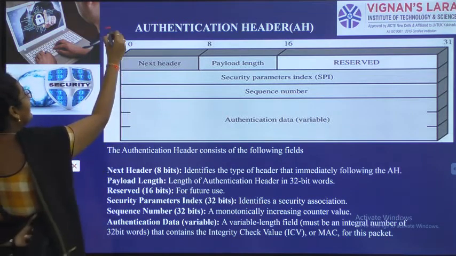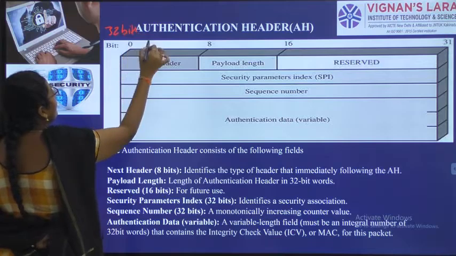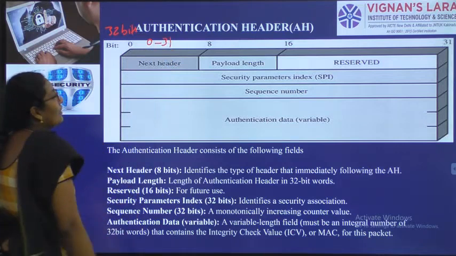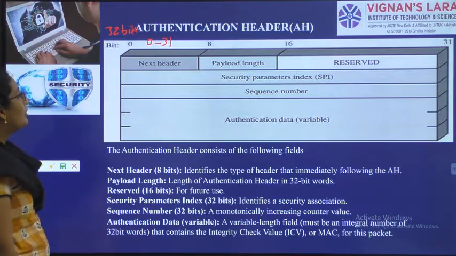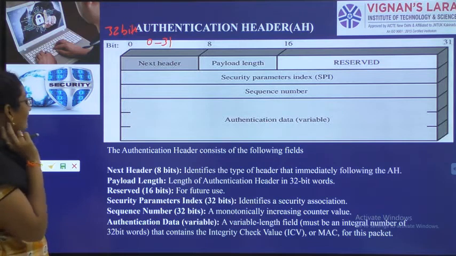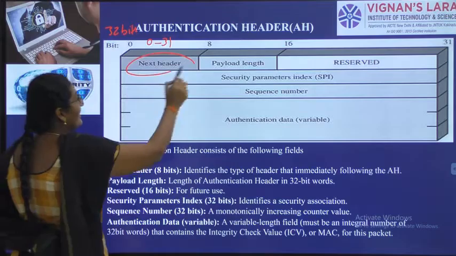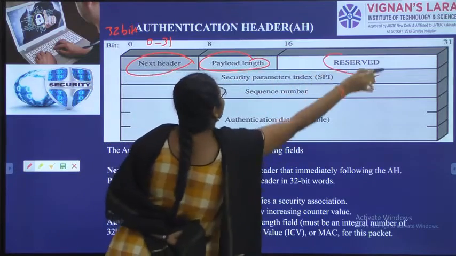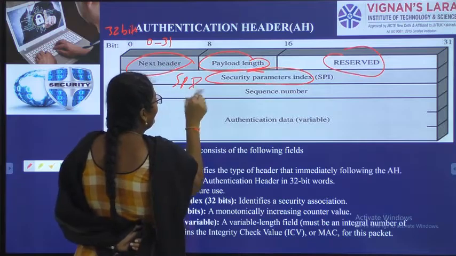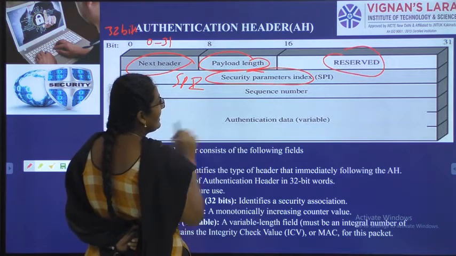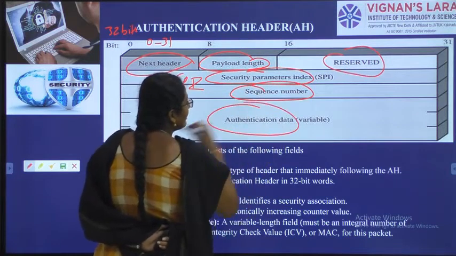We have 32 bits, meaning 0 to 31. What are the parts we have? Next header, payload length, reserved bits, security parameters index SPI, sequence number, authentication data.